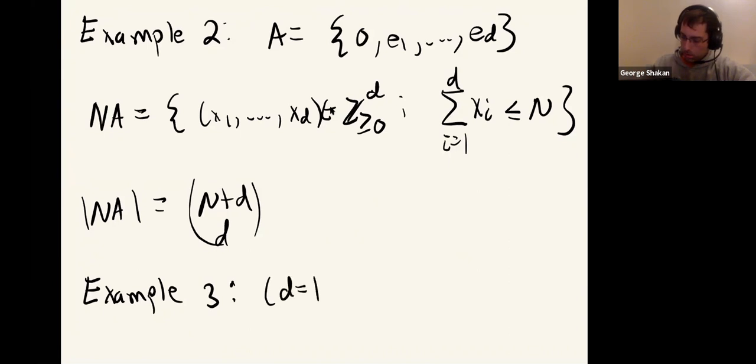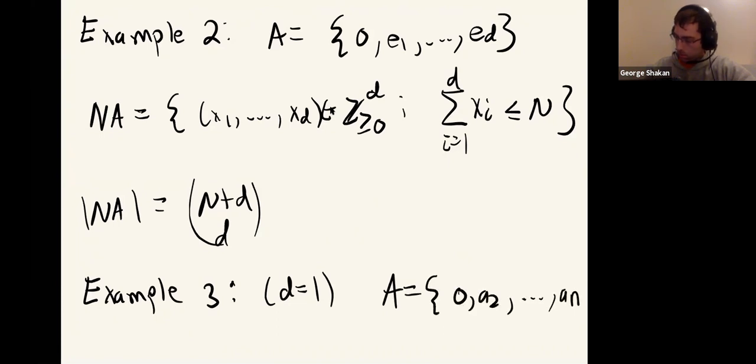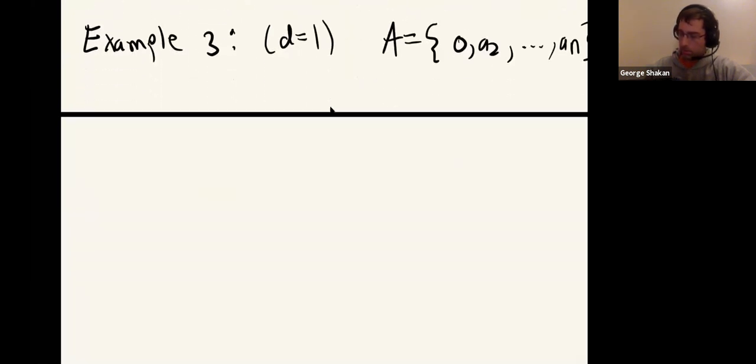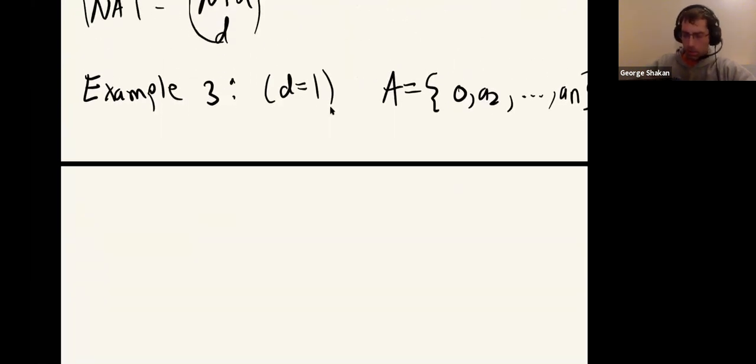Okay, the d equals 1 case, which would be the first place you might look. So suppose A is 0, a_2, up to a_k, a set of size k. I'm not going to go over why this is true, but maybe you might guess what's going on.